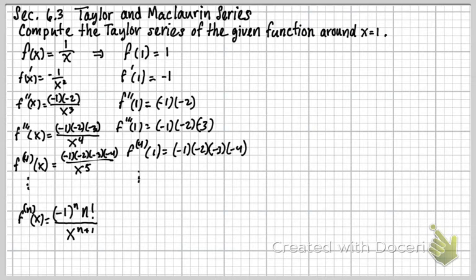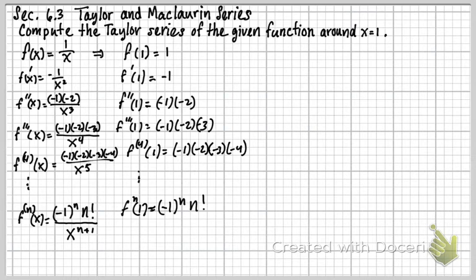And when I go all the way down to fn of 1, that's just going to be negative 1 to the n times n factorial.